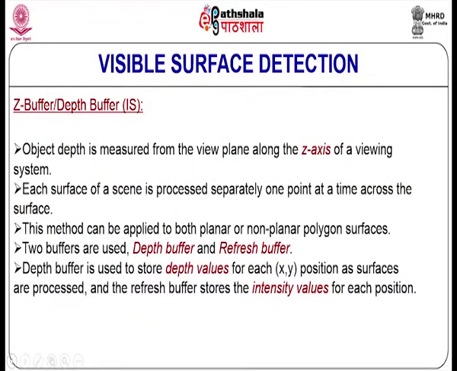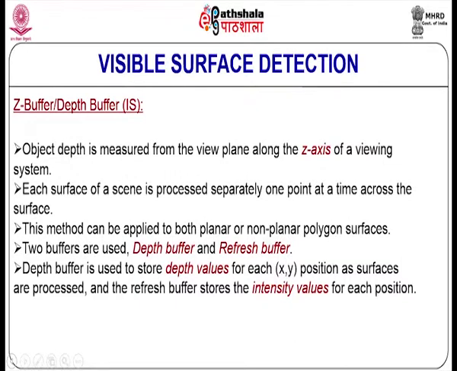The other method, the most popular among the visible surface detection methods, is the Z buffer or the depth buffer method, which is categorized in the class of image space methods. In the previous example we saw an object space method; this is an example of an image space method. What is an image space method?